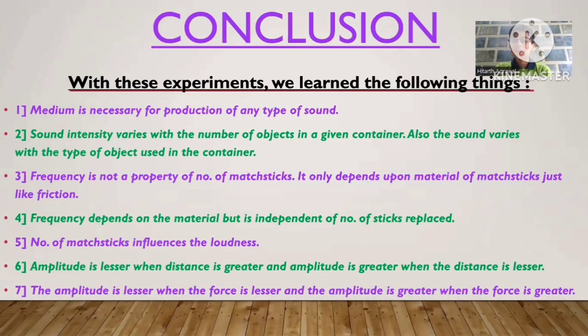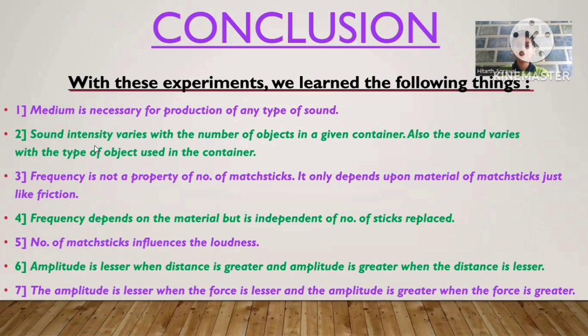Now, the conclusion. With these experiments and theory, we learned and concluded the following things. First, a medium is necessary for the production of any type of sound, as we saw in the three cases. Second, sound intensity varies with the number of objects in a given container.